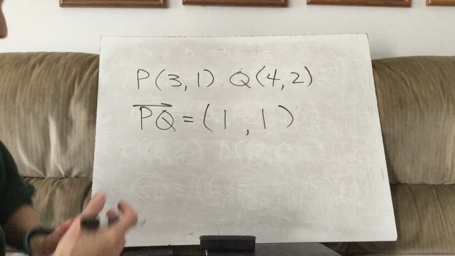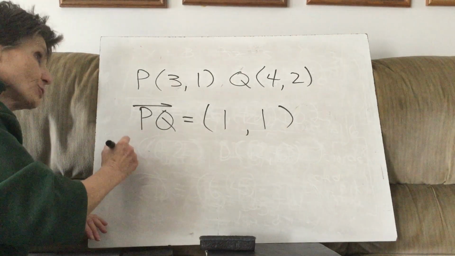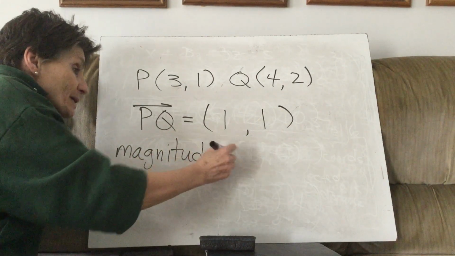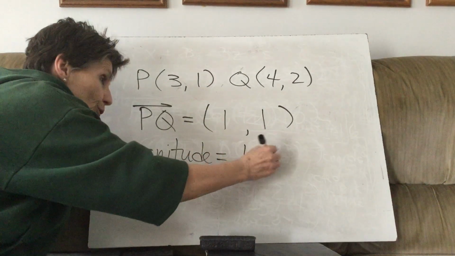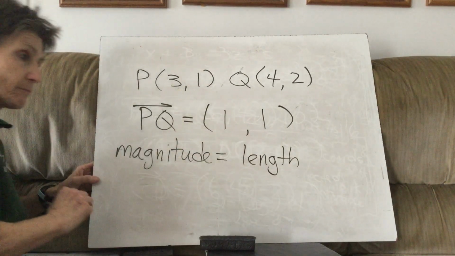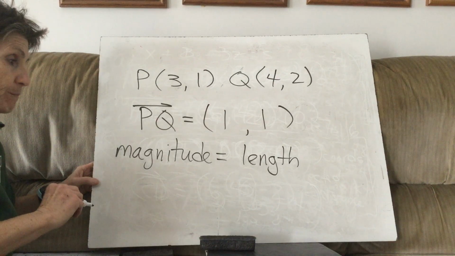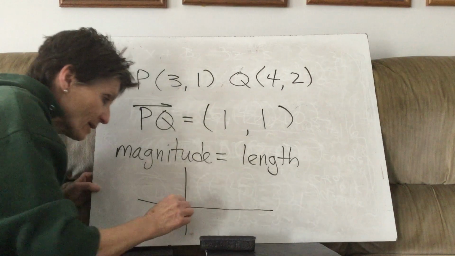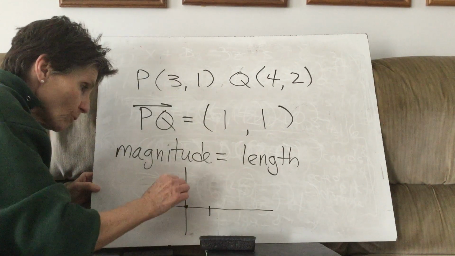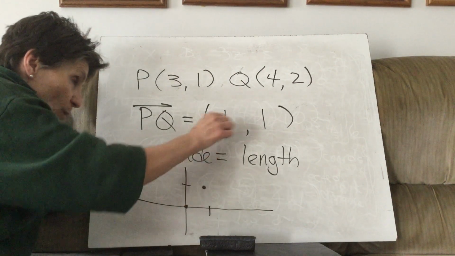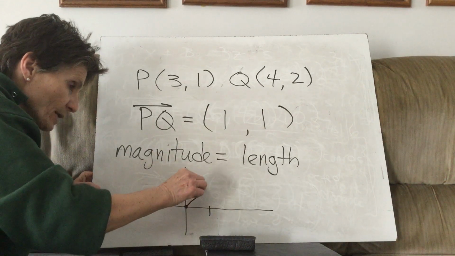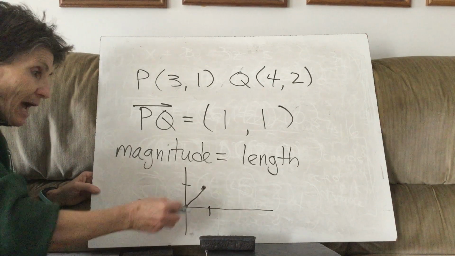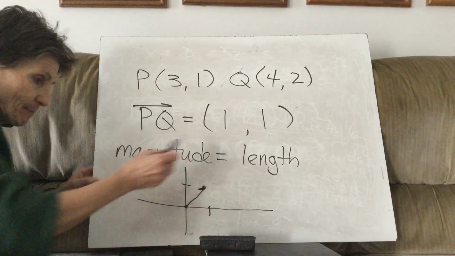Now the new stuff. It says we want the magnitude. Now magnitude is simply a fancy vector word for length. So they are asking us, okay, if we have a vector that goes over 1 and up 1, which is what this vector does, how long is it?